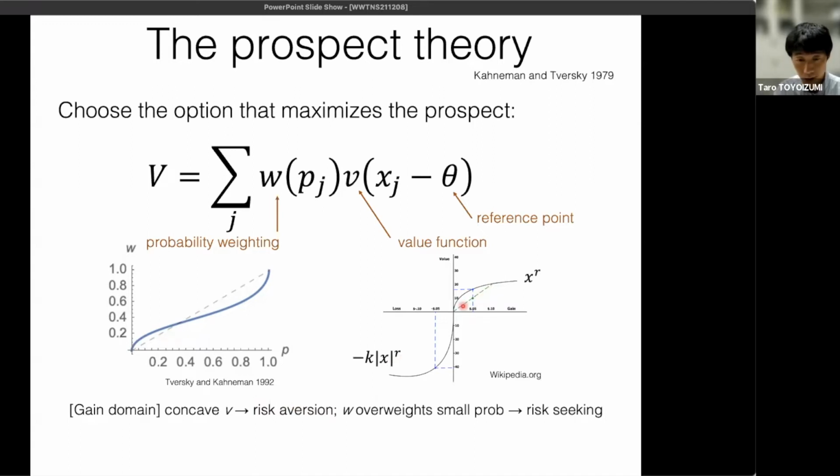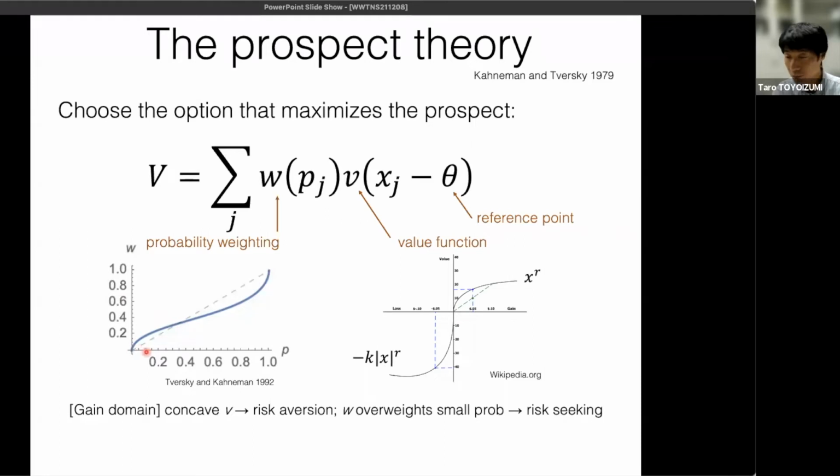The remaining question is how this model explains the preference for gambling if there is such an option. And that is explained by this probability weighting.